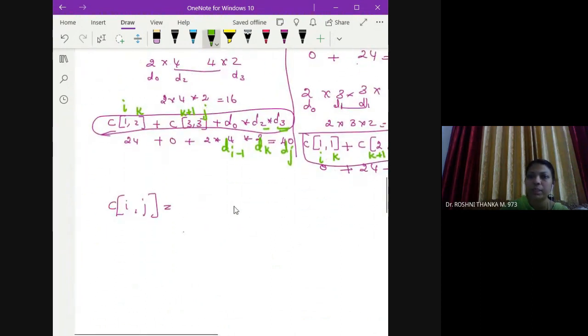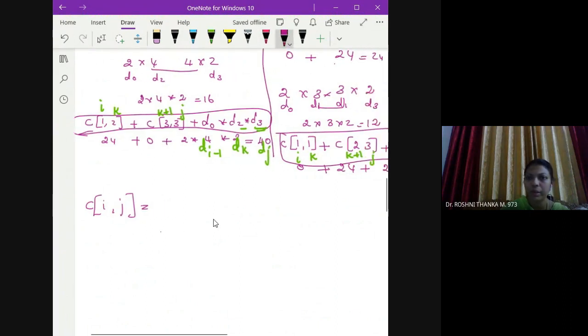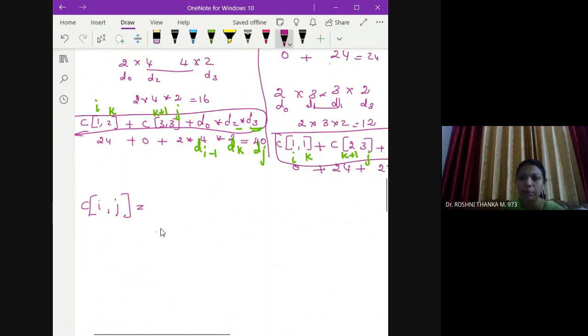So let us represent this as a formula and see how it comes. How can I generalize this term? If I want to multiply some chain of matrices like 1, 2, 3 or 1 to 4, I take that as I to j.